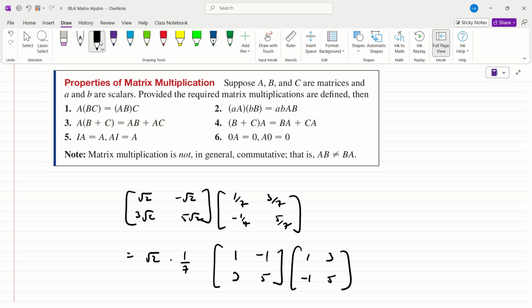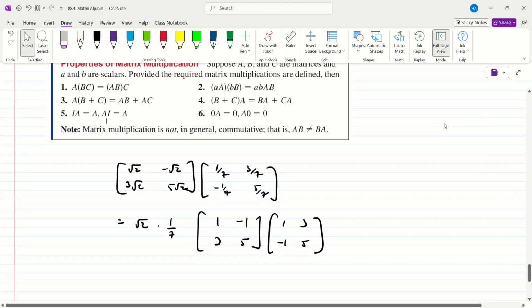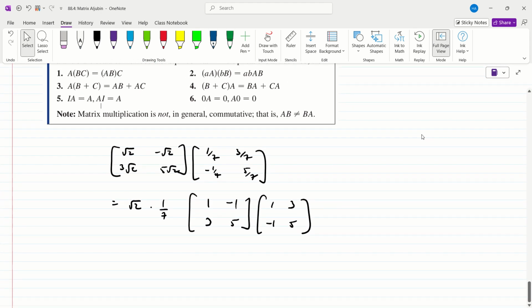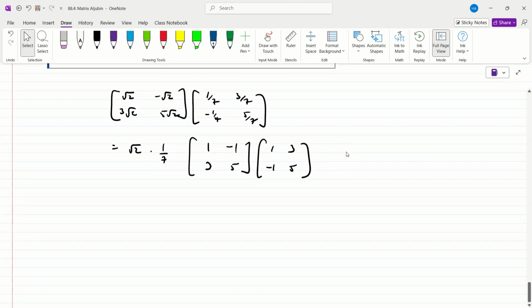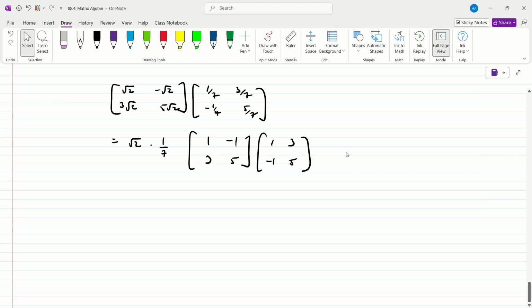For property 5, we are referencing this matrix I. So the matrix I is a matrix made up of the number 1 along the main diagonal and zeros elsewhere. So if you're talking about 2 by 2 matrices, the matrix I is going to be the matrix with ones along the main diagonal and zeros elsewhere.